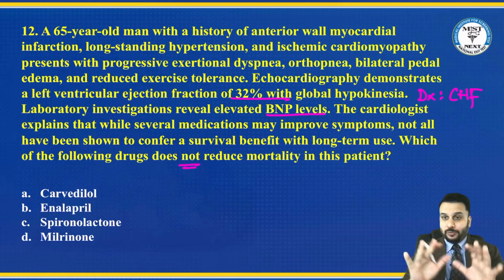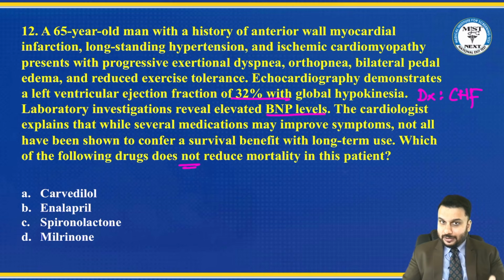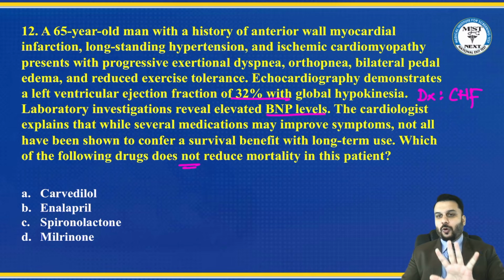Okay. So anyway, coming back to the question, now you might see the question is saying which drug does not reduce the mortality, although it's used in heart failure. Sir, in acute heart failure, the drugs which we use like dobutamine, milrinone, etc., they stabilize you temporarily, but they do not reduce the mortality.